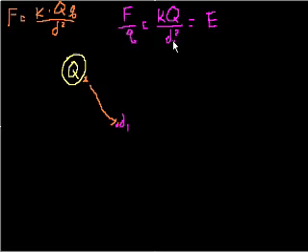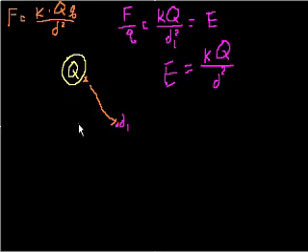So instead of having a particular distance, we'll define the field for all distances away from the point Q. So the electric field could be defined as Coulomb's constant times the charge creating the field divided by the distance squared, the distance we are away from the charge. So essentially, we've defined it so that if you give me a point around this charge anywhere, I can now tell you the exact force.